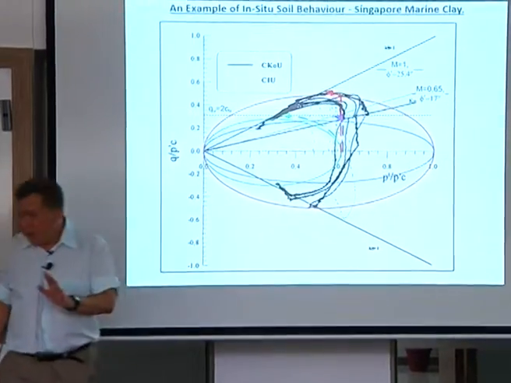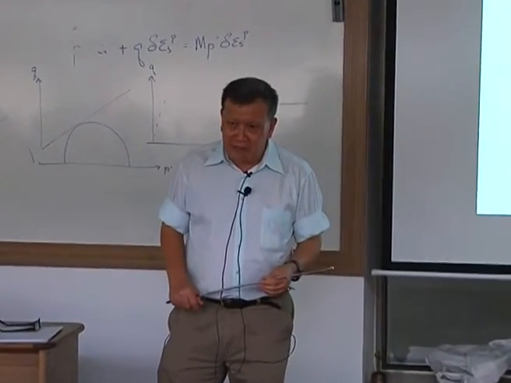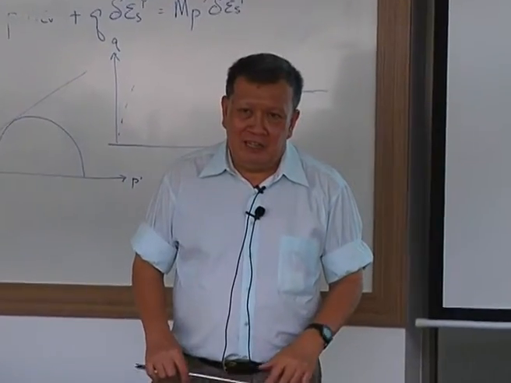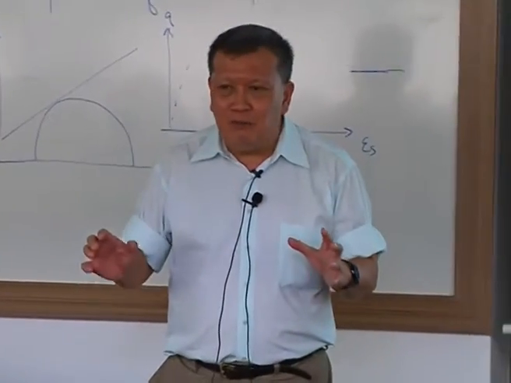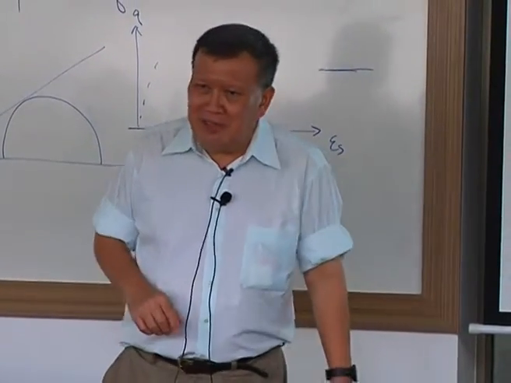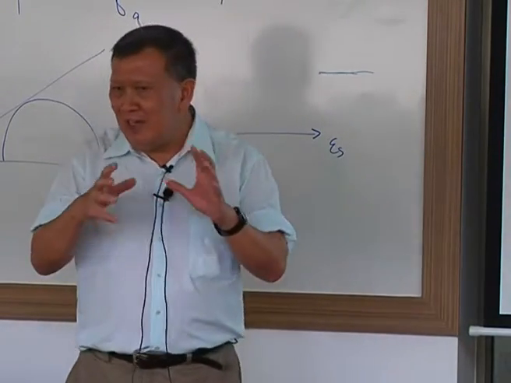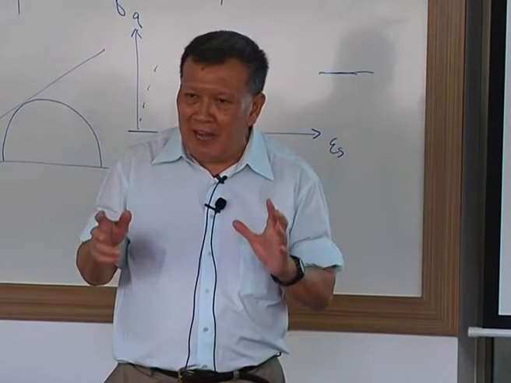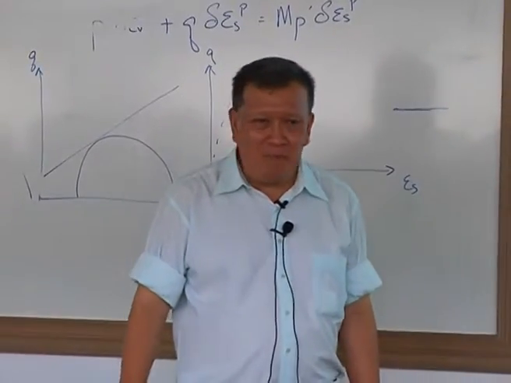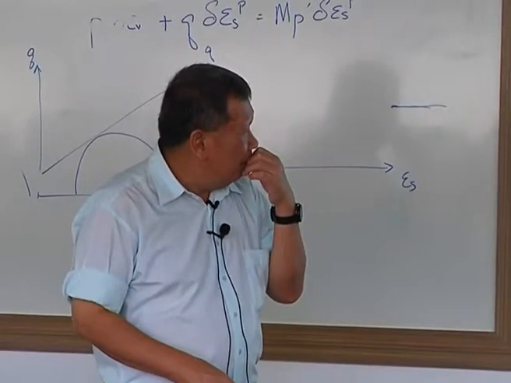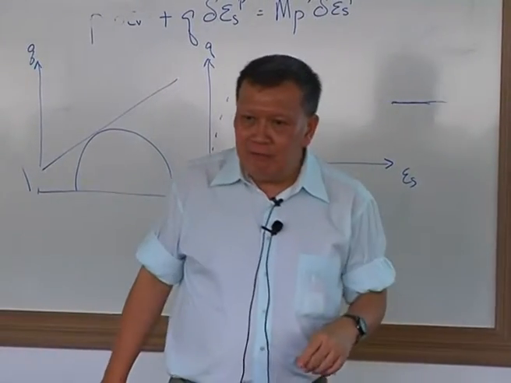Very similar. In most soils, the compression M value is larger than the extension M value. But in Singapore marine clay, they turn out to be, I don't know what was the word used. It's a surprising degree of isotropy. That was the word that we used, because I think it was David Hyde who gave it that word. I can't remember exactly, but it was something like a surprising lack of anisotropy. Okay, that was the purpose of that plot, to show that the two M values are fairly close to each other.